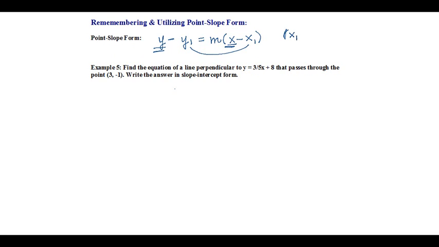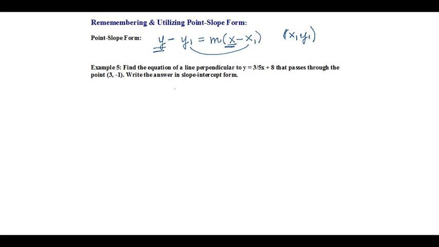And then, of course, my slope is also going to be the slope that is given in the equation, or I might have to find that if we're dealing with 2 points. So we use point slope form whenever we're given 2 points to write an equation from, or if we're given a point and a slope.